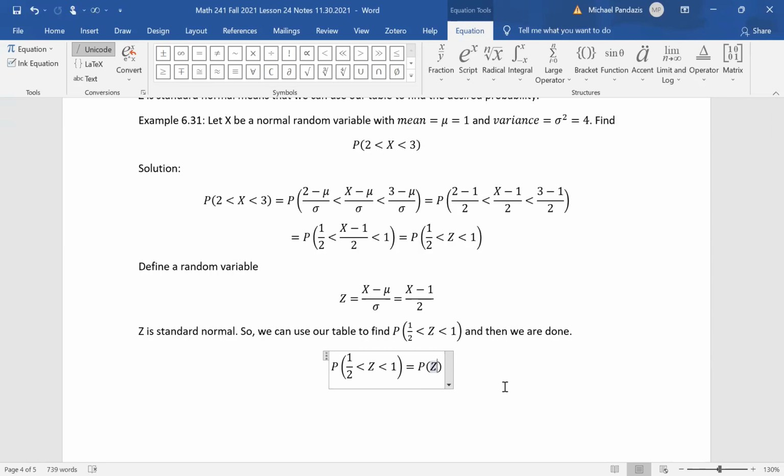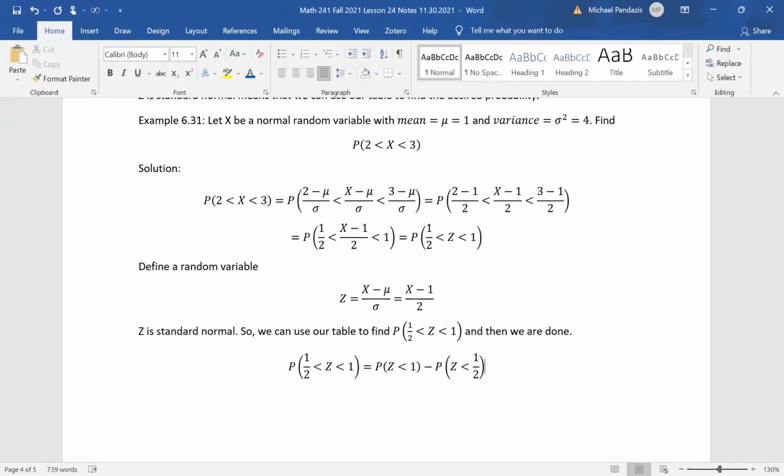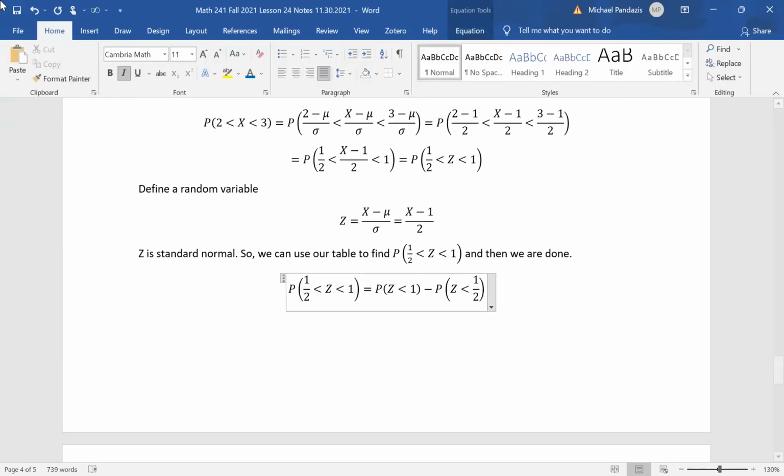Okay, so this is the probability that z is less than 1 minus the probability that z is less than 1/2, right?